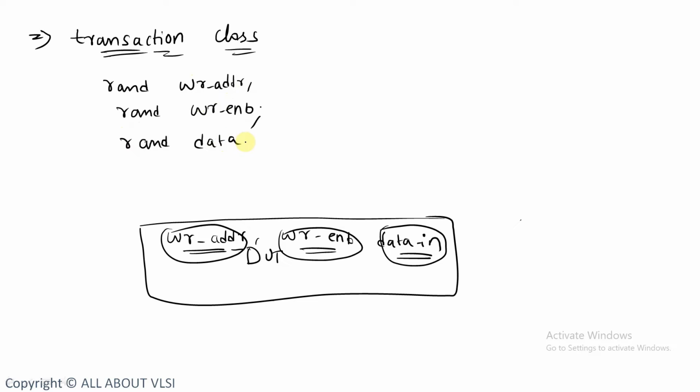Then using the generator class, we have this transaction class instance inside our generator class, and using the transaction class instance, we are performing randomization.